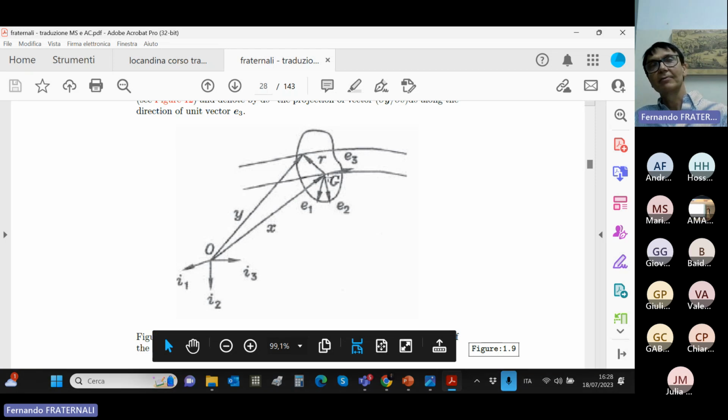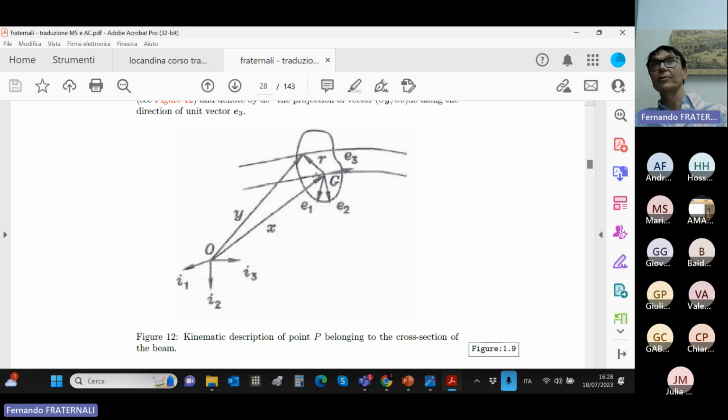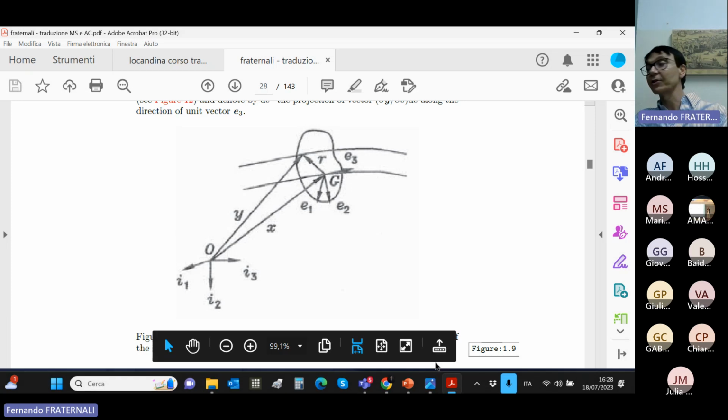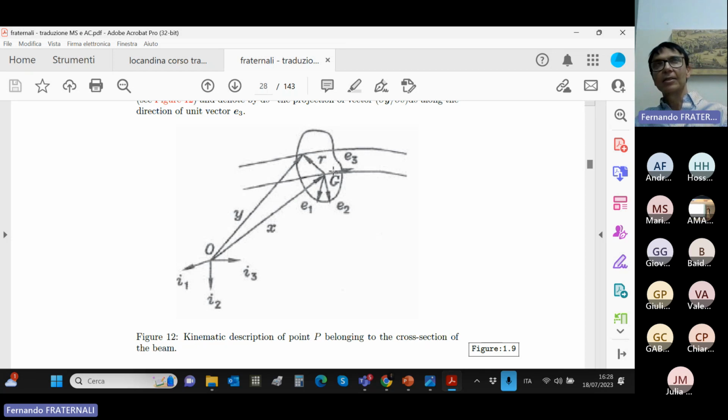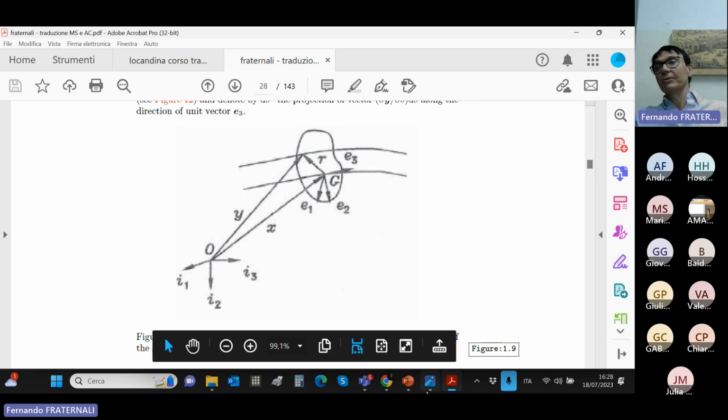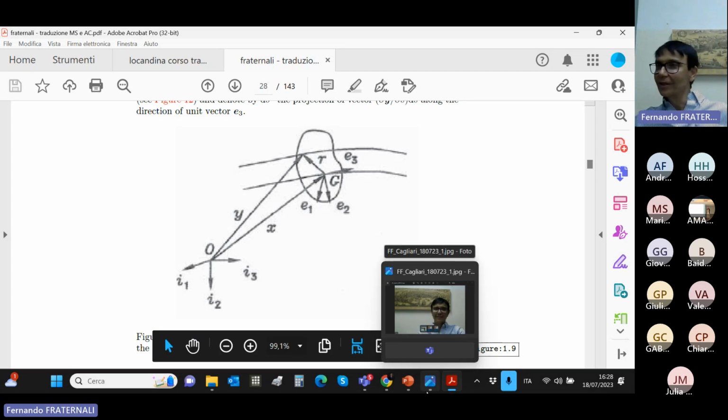at a high distance from the centroid of the cross section. So when the radius of curvature is very large, x2 over rho will be almost 0, because we are taking x2, which has the dimension of the height or the diameter of the cross section, divided by a radius that is maybe 100 times larger than the height of the cross section.